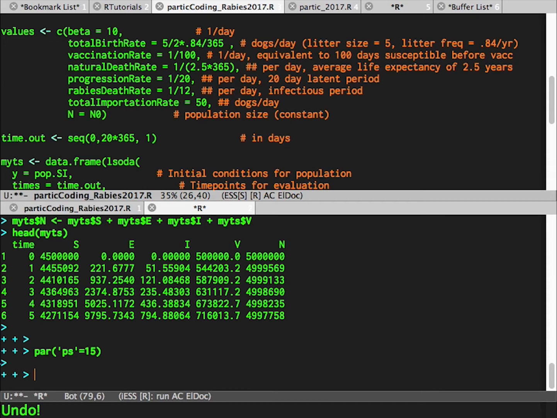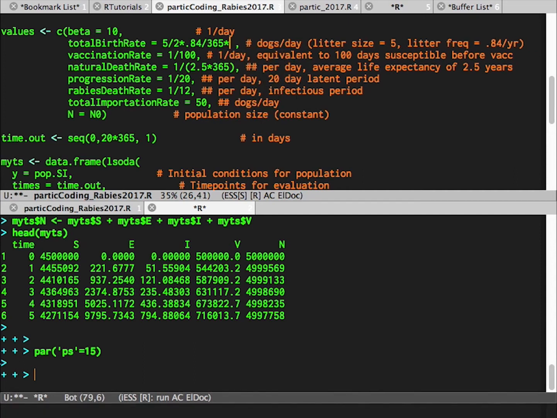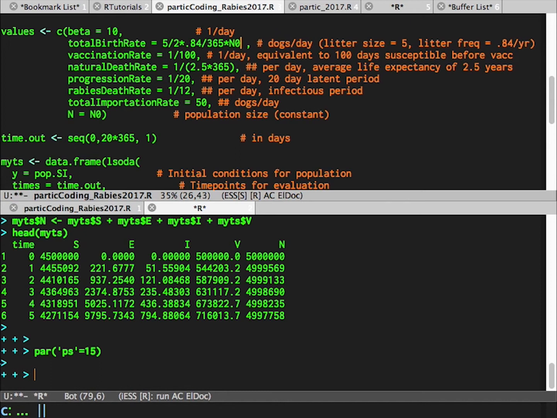But we're multiplying. Oh, this is total, right? So maybe we don't want it. Do we want to do a per capita birth rate? Well, let's see what that is to see how far off.